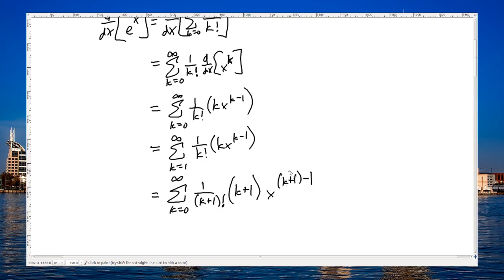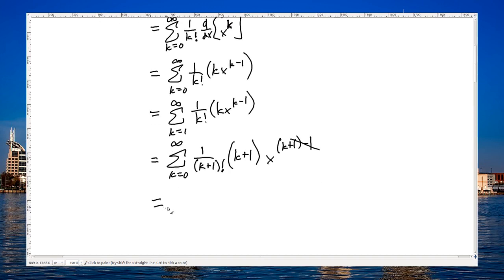And there's where we start to see things cancel. First of all, obviously, 1 minus 1 cancels. Here on the bottom, I could rewrite that as k factorial times k plus 1. K equals 0 to infinity, k plus 1, x to the now it's just k, and then those cancel.